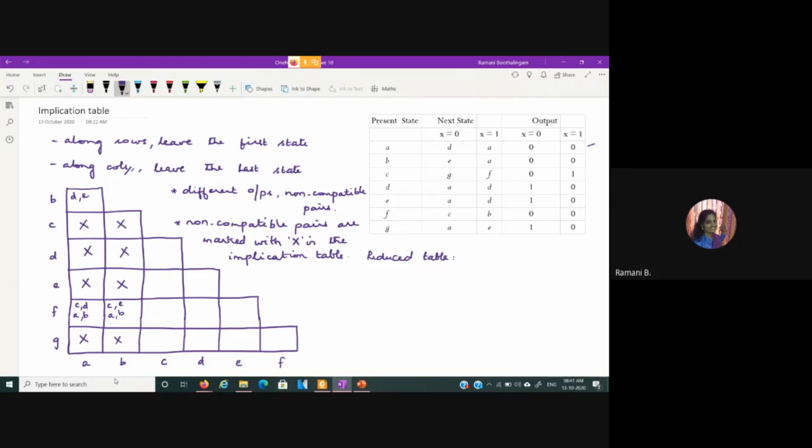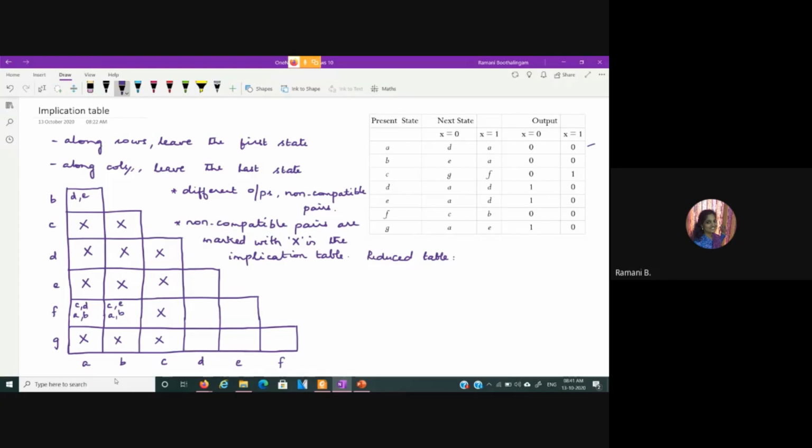Next we compare C with the other states. Comparing C and D, you have different outputs. So this is not compatible. C with E, also the outputs are different. Then C with F, outputs are different. C with G, again outputs are different.